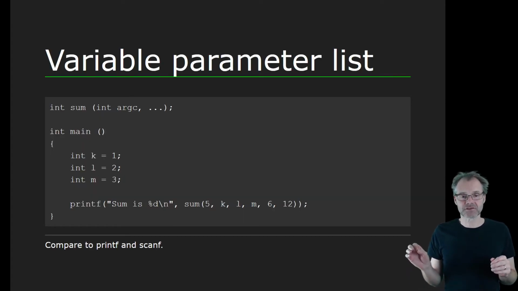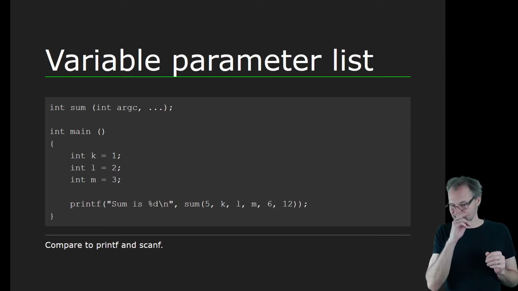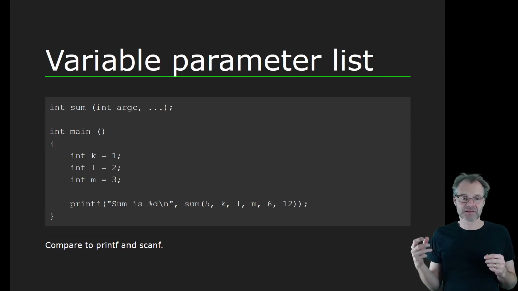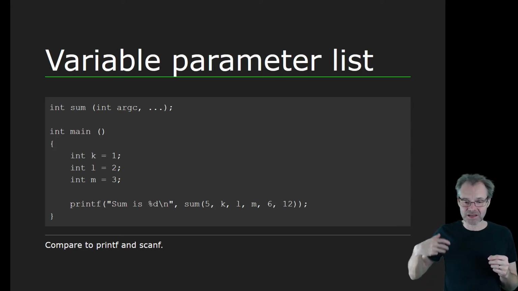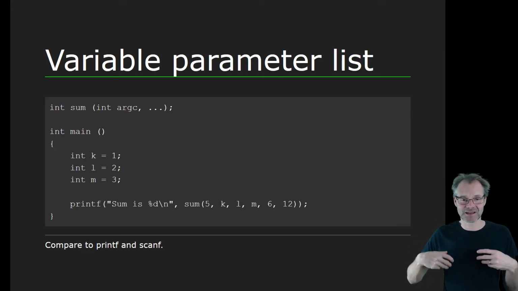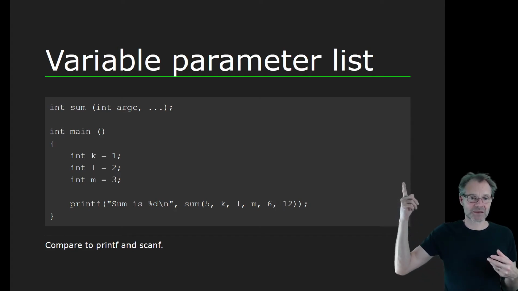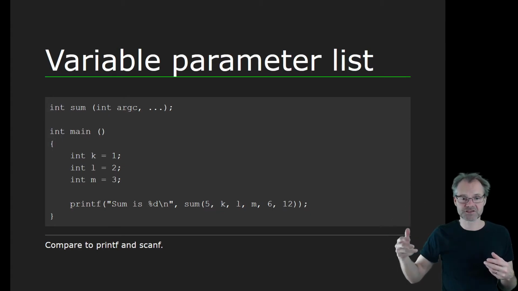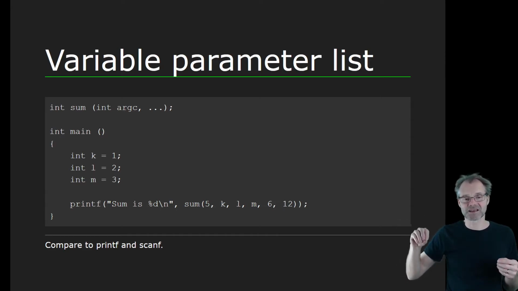There is something called a variable parameter list. This is how you could create a function that takes an unlimited or undecided number of parameters. You can declare it like up there. You have an int sum, and then you declare the first variable, int argc.